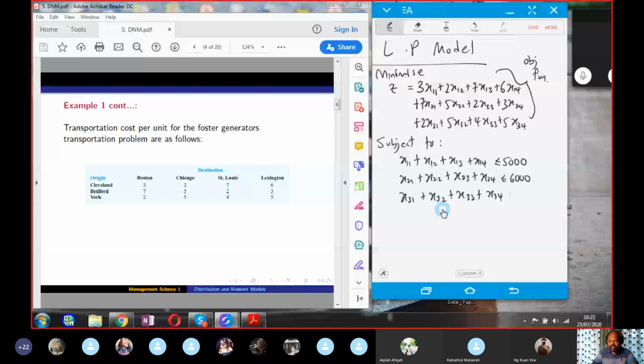This is the first part of the constraints, from the supplier side.